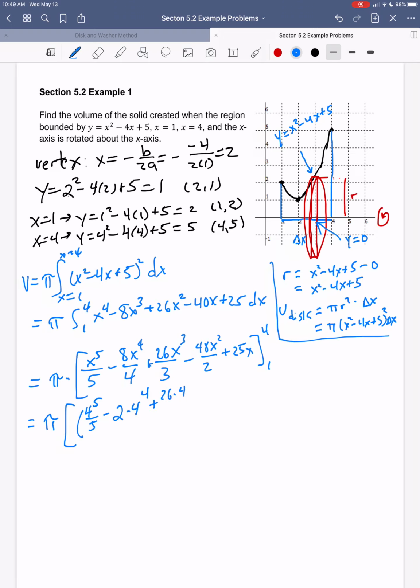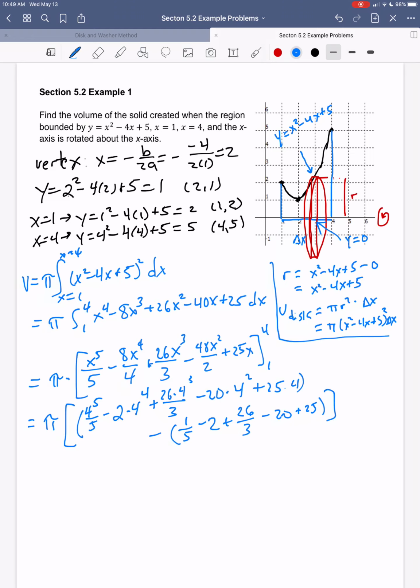So I'm going to get 1 to the 5th is just 1. 2 times 1 to the 4th, 1 to any power is 1, plus 26 thirds times 1 to the 3rd, but 1 to the 3rd is just 1. 40 over 2 is 20 times 1 squared is just 1, and then 25 times 1 is just 25.